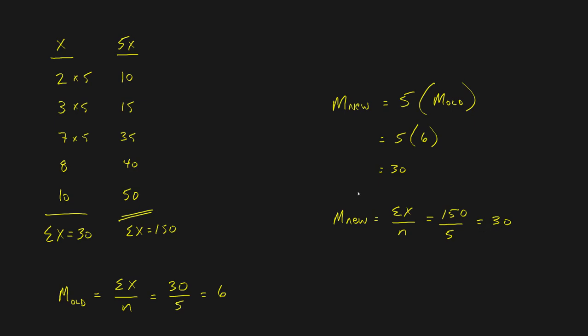So the idea is, let me put this in a different color. If your scores are either multiplied or divided, and this is important, it has to be by a constant. You can't multiply each one by a different number.